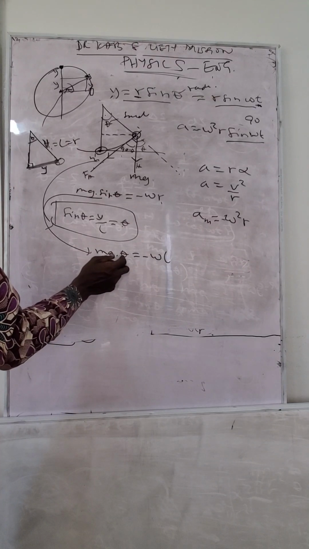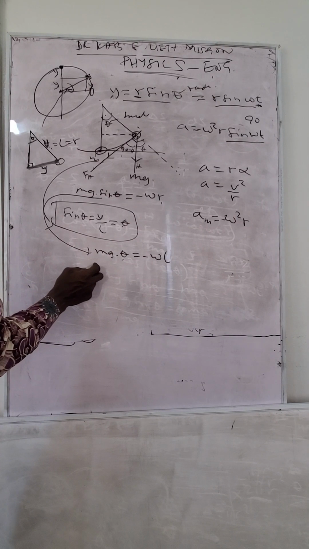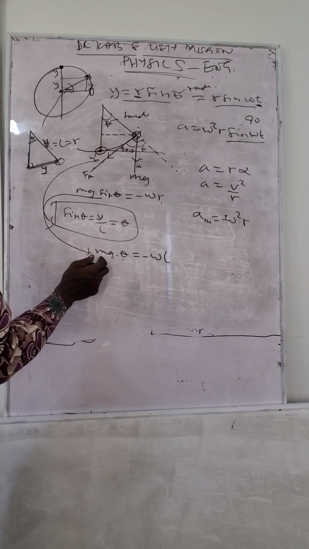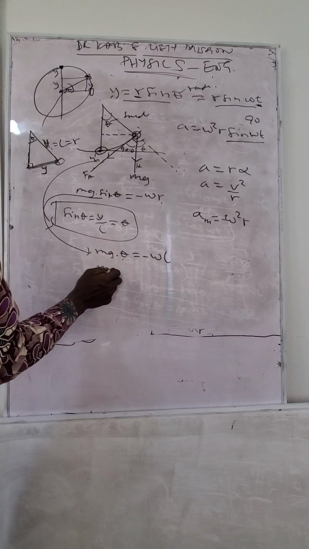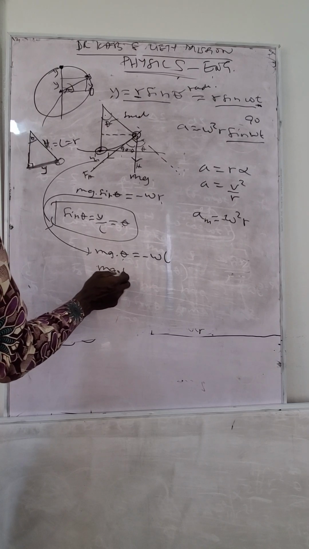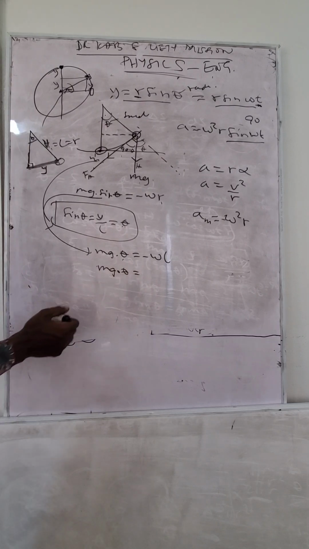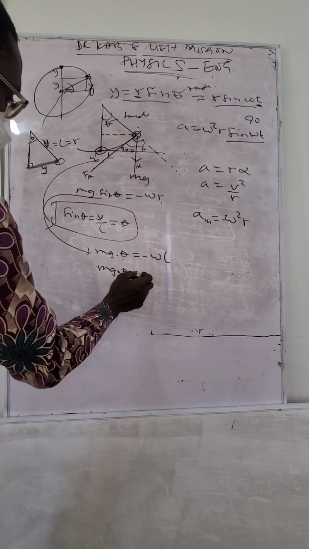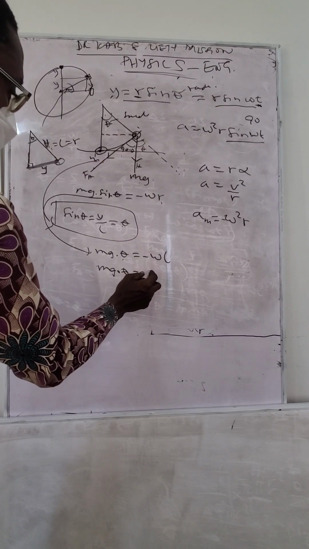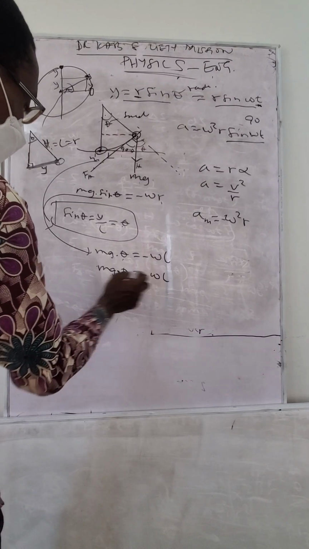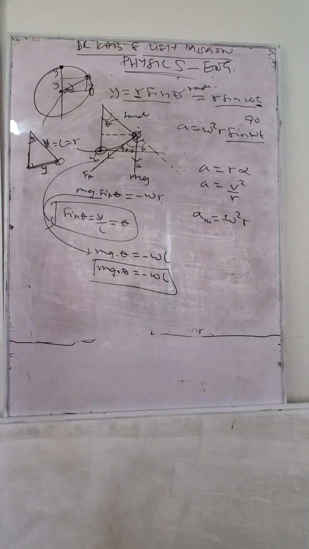Now theta we said is the same as, what was it? We put mg theta as our final expression, omega L. This is what we're going to use to derive the final equation.